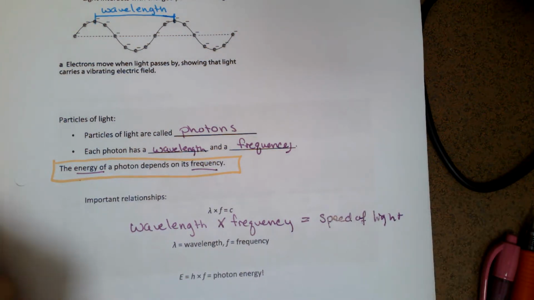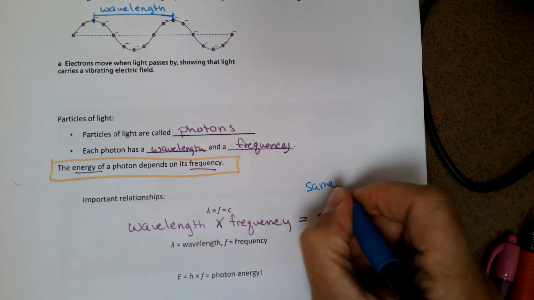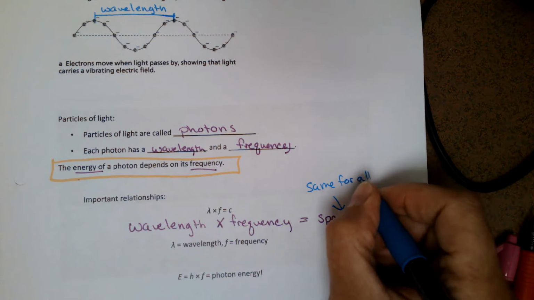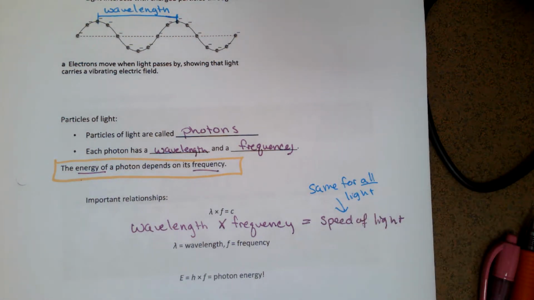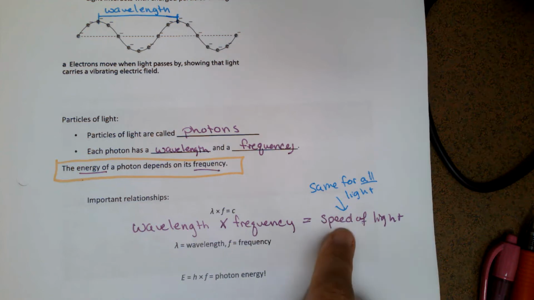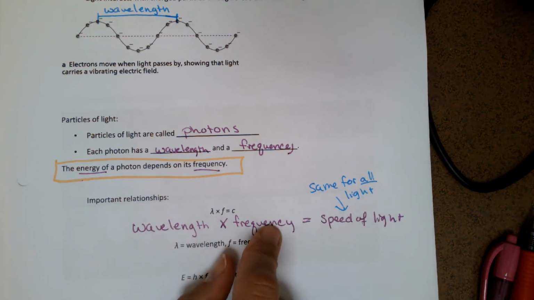This is the same for all light. It doesn't matter if it's a radio wave or a gamma ray or visible light, the speed of light is going to be the same. What's changing for each one of them is the wavelength and frequency.